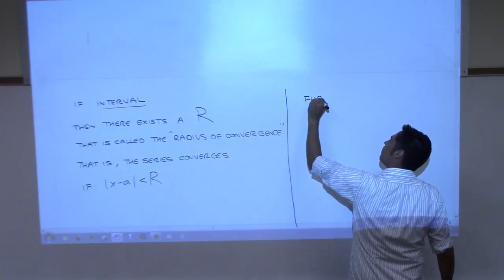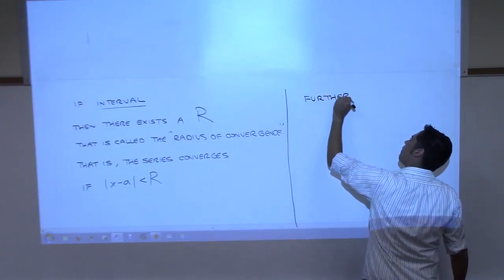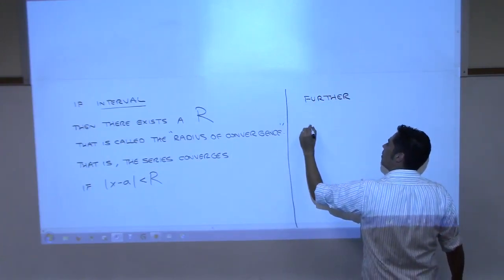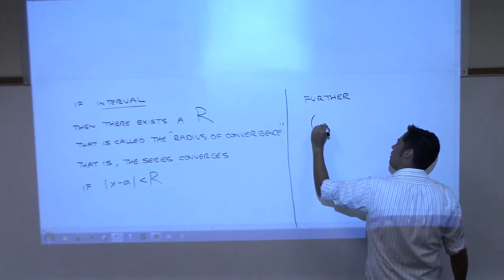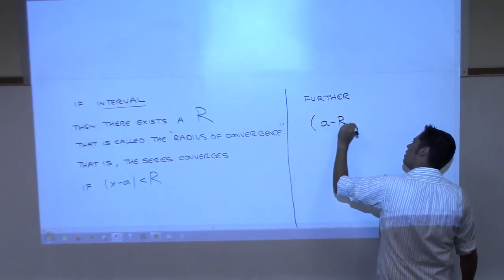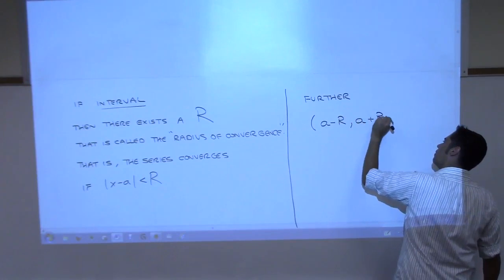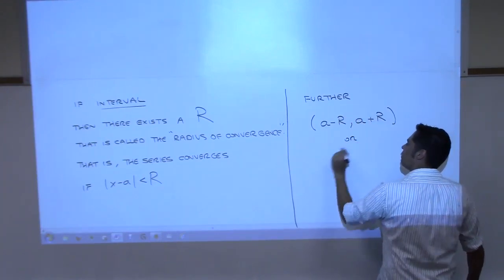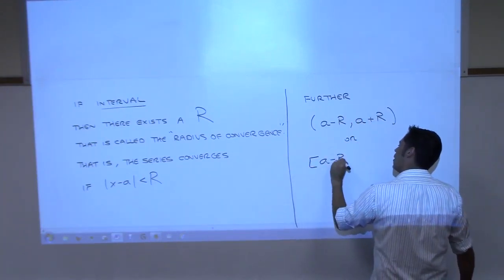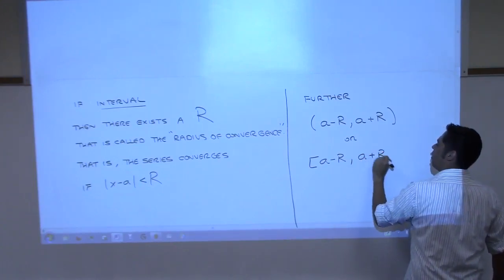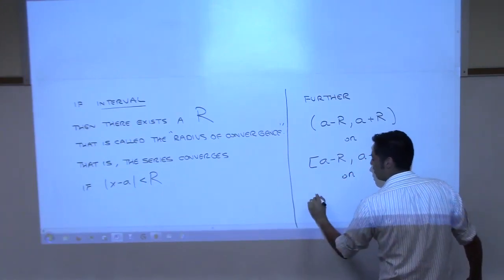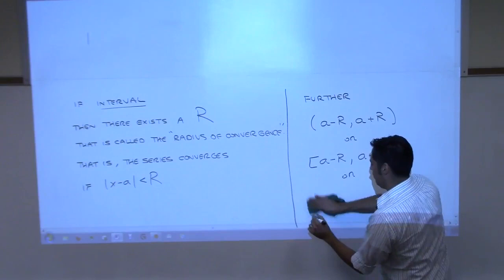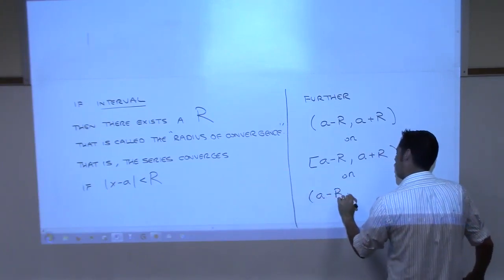Further, the interval (a minus r, a plus r), or [a minus r, a plus r), or (a minus r, a plus r], or [a minus r, a plus r].